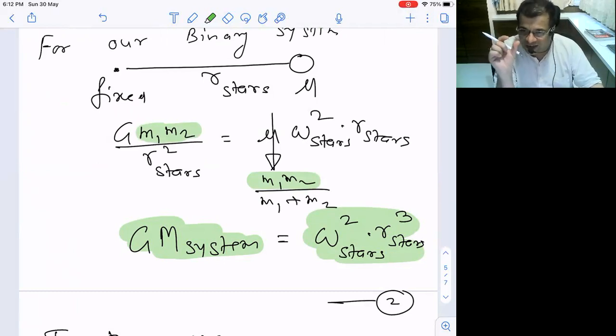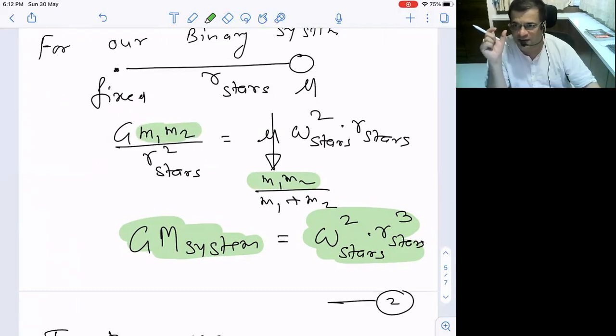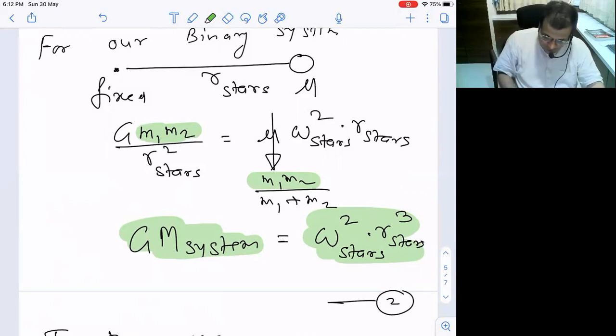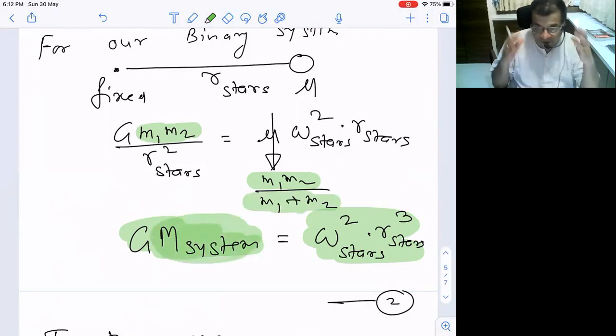What this star indicates is omega of the binary star system, and R star indicates the separation between the two stars. So this M1 plus M2 is the mass of the binary star system.